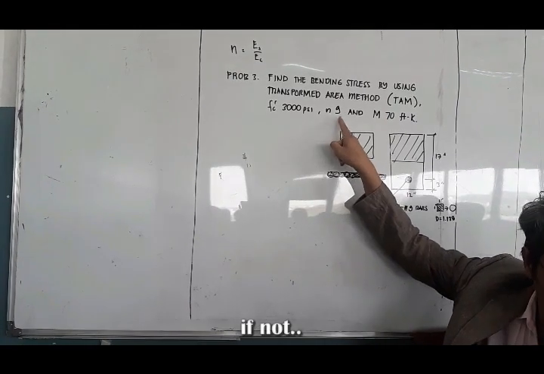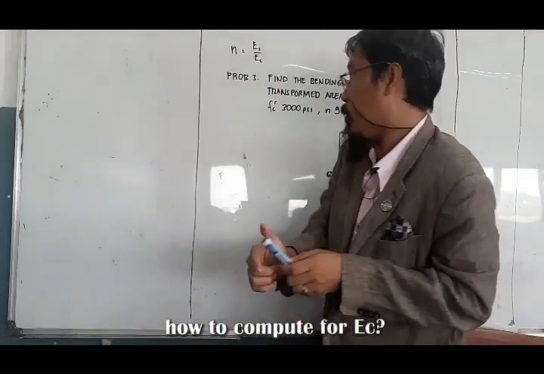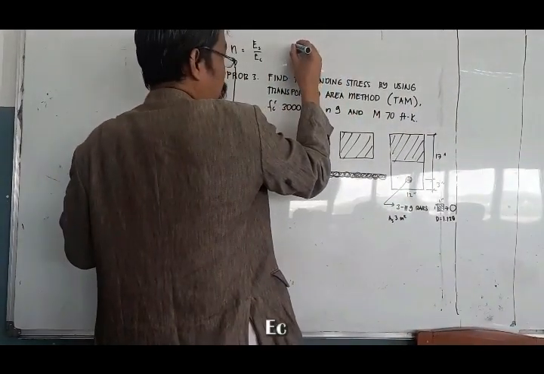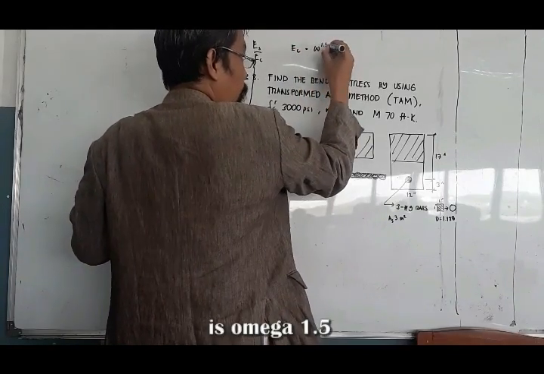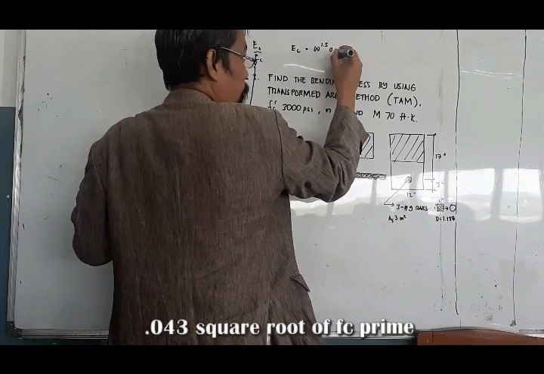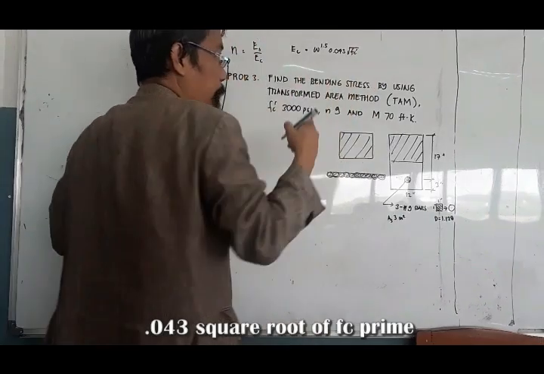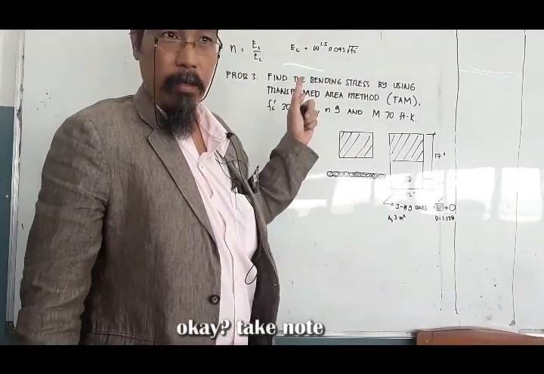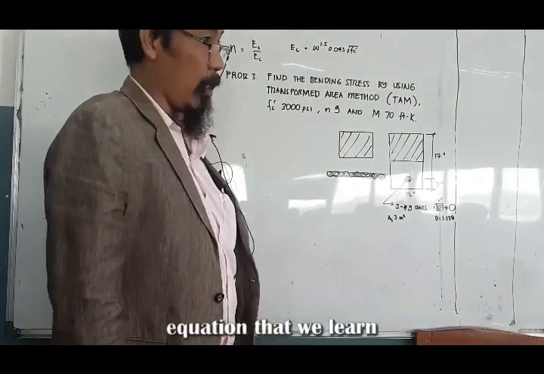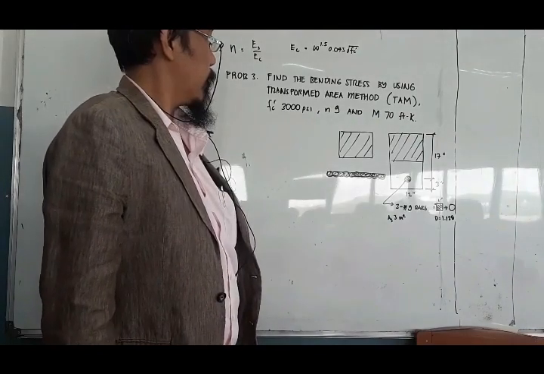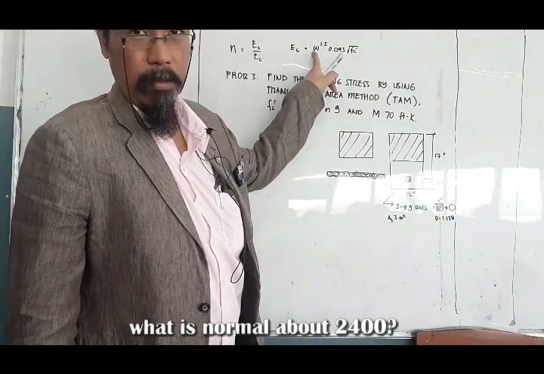If it is not given, you can compute for E. How to compute for E? E is w to the 1.5 times 0.043 times the square root of f'c. Take note, this is the first equation that we learned. For normal weight concrete, w is about 2,400.